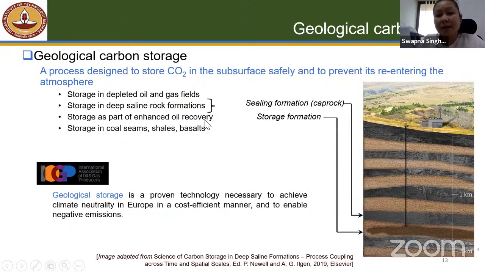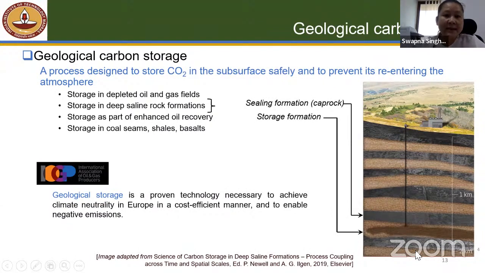Our earth is a porous and very layered material. So we have to choose a storage site where we can store the CO2 so that it cannot come out. Our earth has different layers.